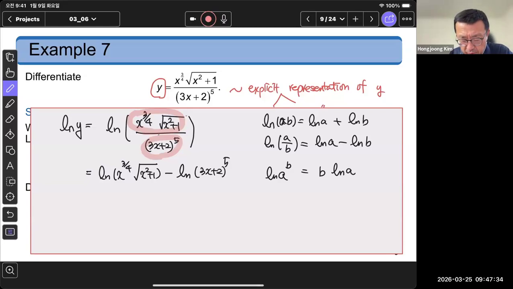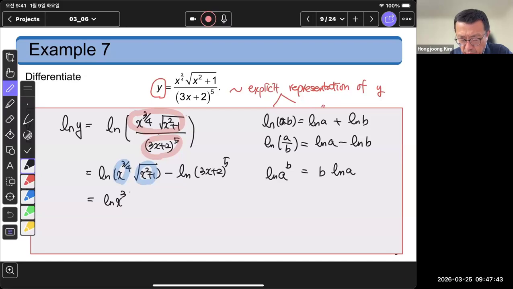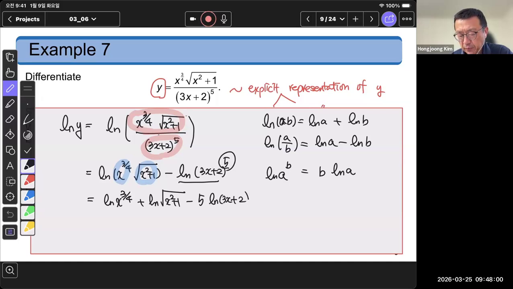The first term is now a product of two functions, so that will be log x to the 3/4 plus log of the square root of x squared plus 1. For the third term, I have this power, so I can put this power 5 in front of the logarithmic function. And for the first term, I have 3/4, so that can be moved to the front as well.